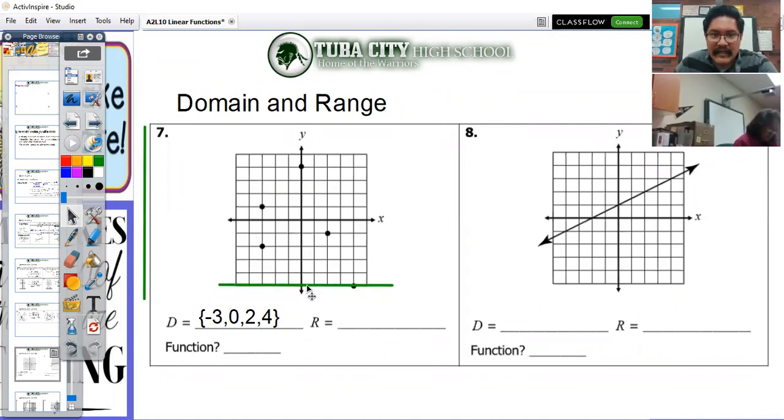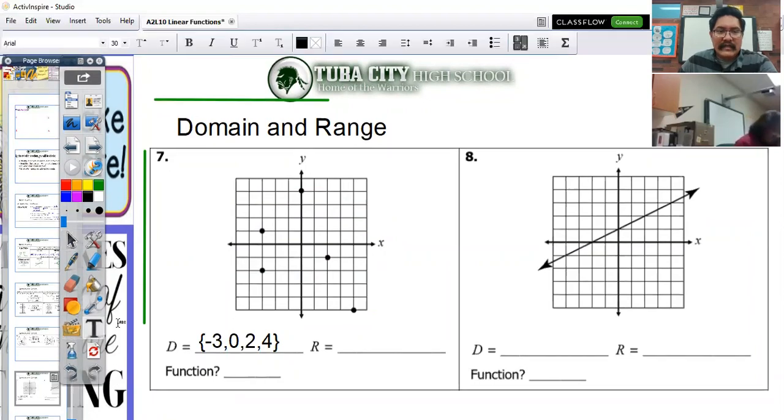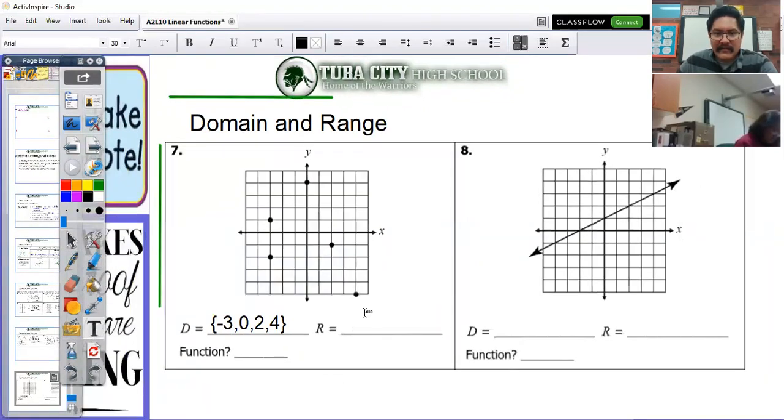So in this case, it would be -5, -2, and I'm counting the y-axis, which is the up and down one, -1, +1, and 4. So those are the numbers that I can pick for the y.